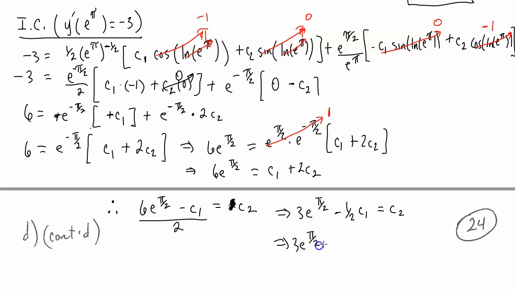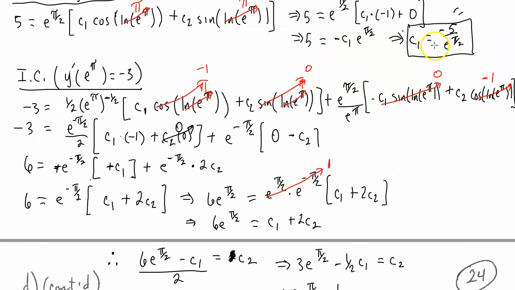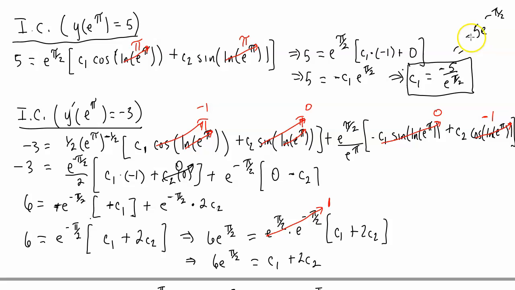And here I'm going to go ahead and substitute in what c1 is. And if you remember up here, c1 was -5 divided by e raised to the positive pi over 2, which we can alternatively express as -5e raised to the negative pi over 2.